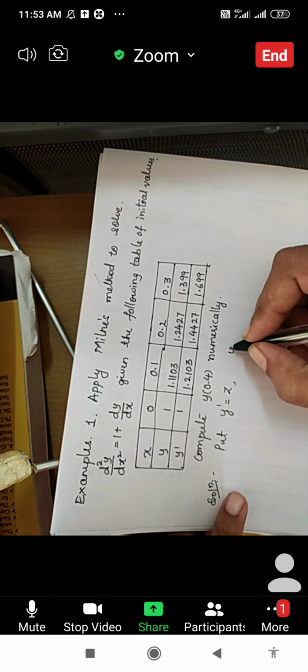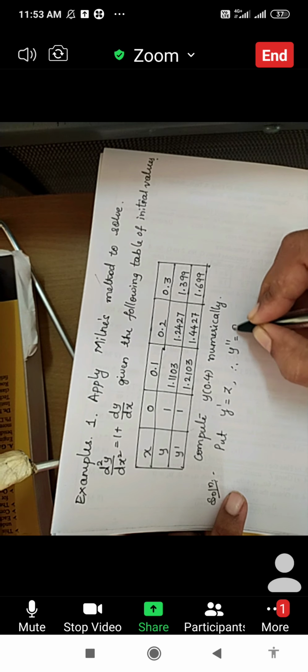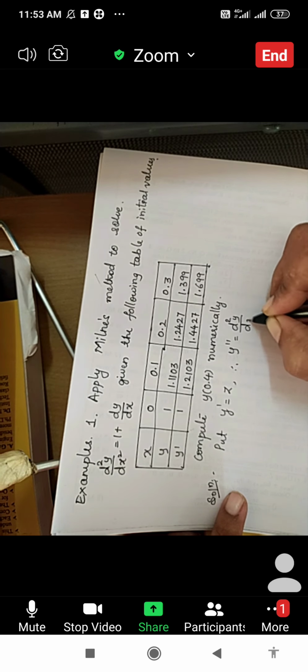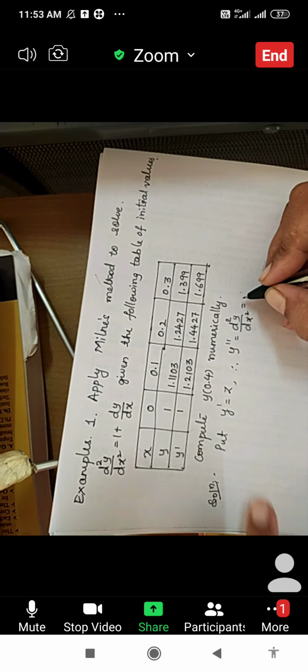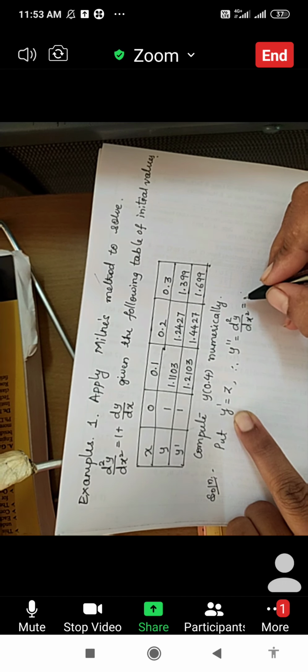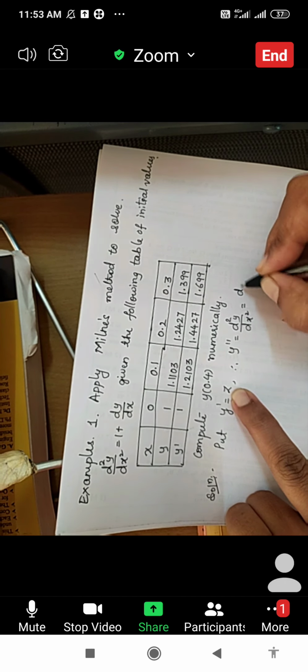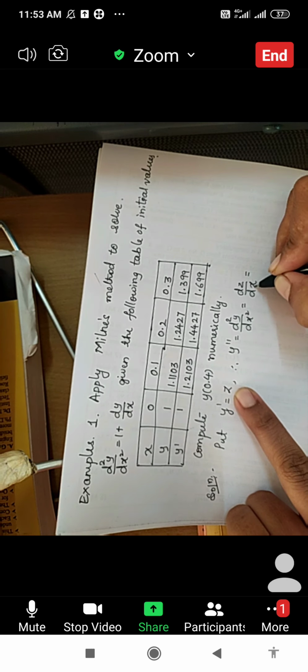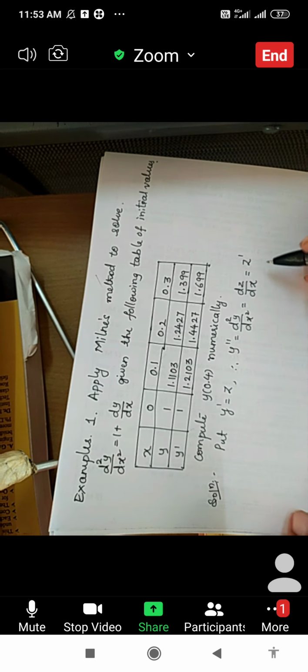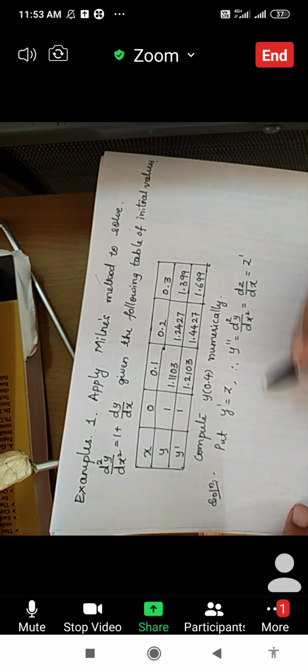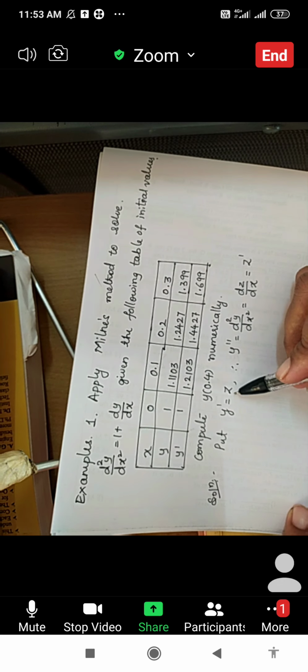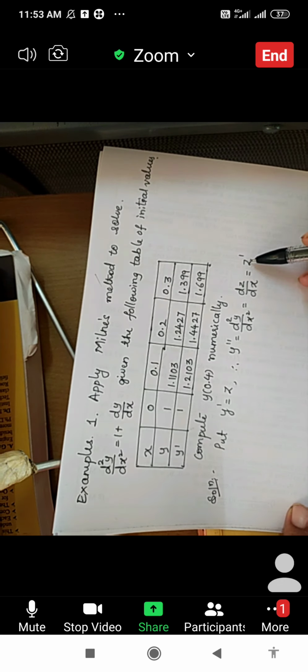So y double dash, that is d square y by dx square, means you are differentiating this with respect to x. So here also we have to differentiate with respect to x. dz by dx is denoted as z dash. You can even write directly: y dash is z, y double dash is z dash.